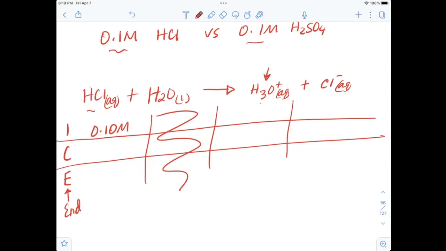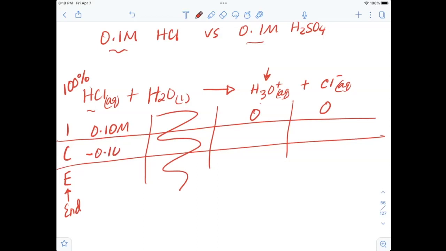In the beginning, before ionization happens, we have 0 amounts of hydronium ion, 0 amounts of chloride ion. Since we're looking at a strong acid, we're looking at 100% ionization, right? Like we mentioned before. So that means all of the available concentration of HCl gets used up or gets processed in the ionization.